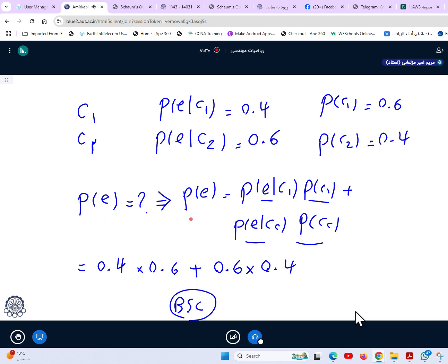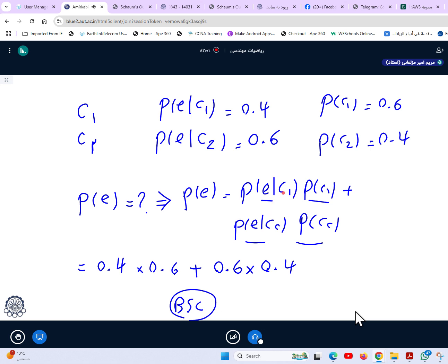So in this situation, we use the total probability theorem. It tells us that the probability of error is equal to the probability of error conditioned on class 1 times the probability of class 1, plus the probability of error given class 2 times the probability of class 2. And we only replace the values that this example gives us.